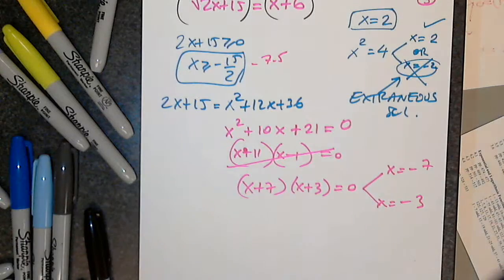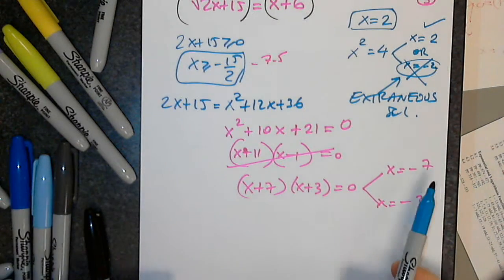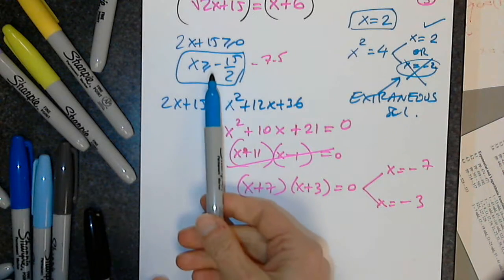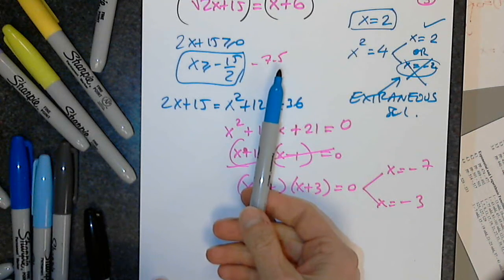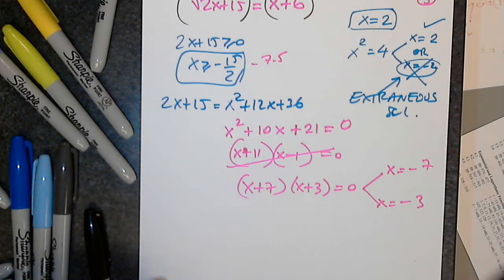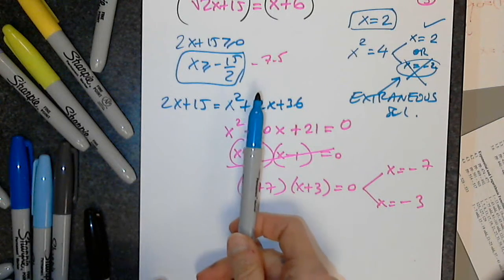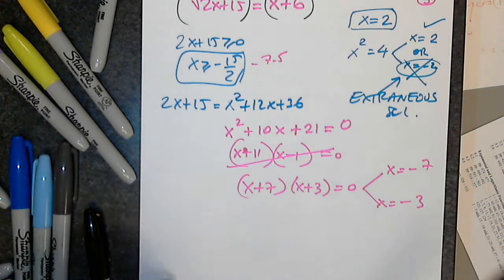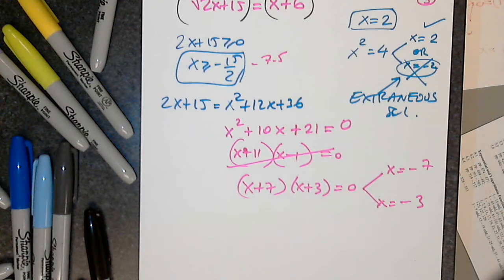So is negative 7 a number greater than or equal to negative 7.5? Yes. Yeah, negative 7.5 is further to your left. So negative 7 is here. So negative 7 is greater than negative 7.5. Is negative 3 greater than negative 7.5? So when we go back and check, should we expect both solutions to work or not? Yes, because they are in the domain.